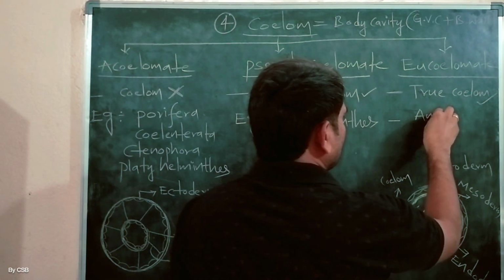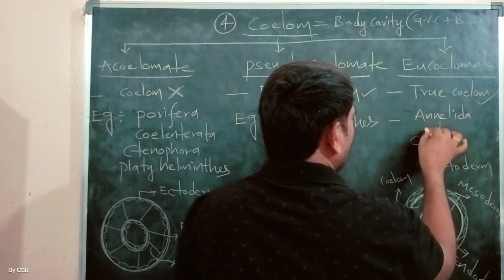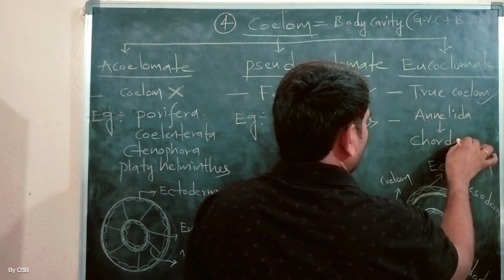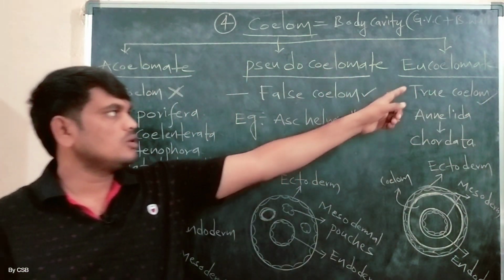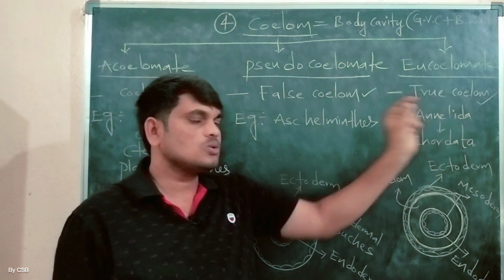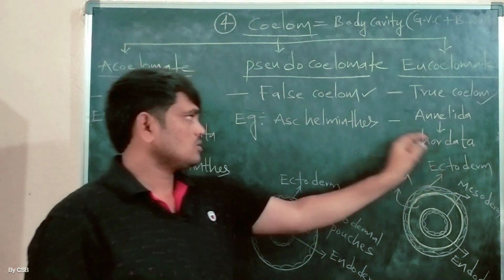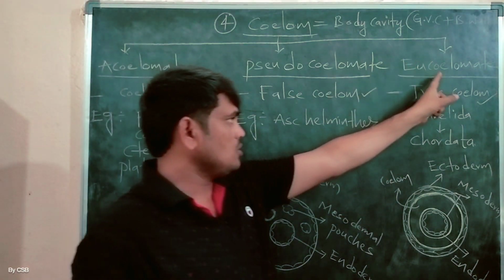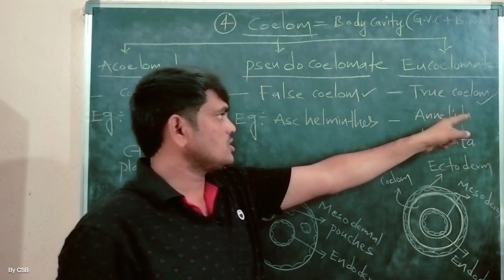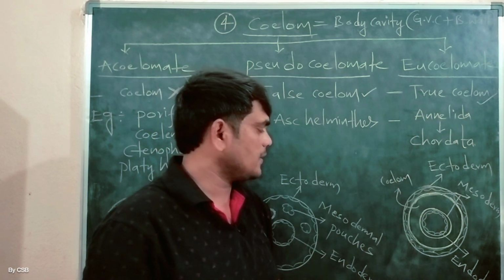Phylum Annelida to Chordata can exhibit eucoelom, in which true coelom is present. Sir, what is the difference between true coelom, pseudocoelom and acoelom? Let me explain here only. Eucoelomates are those in which true coelom is present. The best example is from Annelida to Chordata.